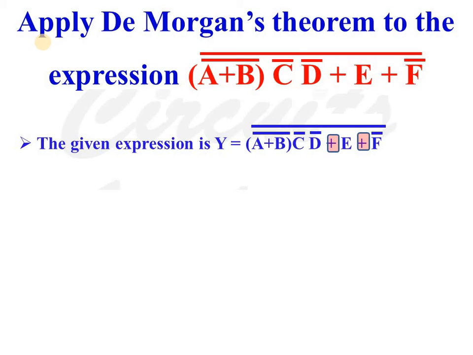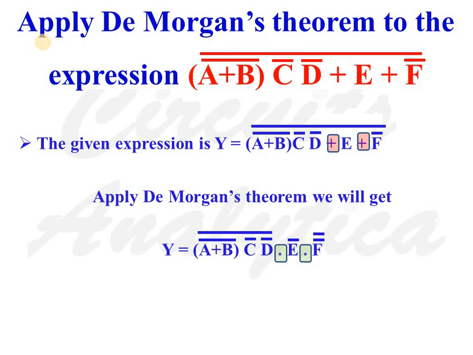So we are going to apply De Morgan's theorem. When we apply De Morgan's theorem, we have to replace the OR operator with an AND operator, and we have to complement the input variables: A or B bar and C bar and D bar, then E and F bar. So applying De Morgan's theorem, we will get y is equal to (A or B bar and C bar and D bar) the whole bar, and E bar and F double bar.